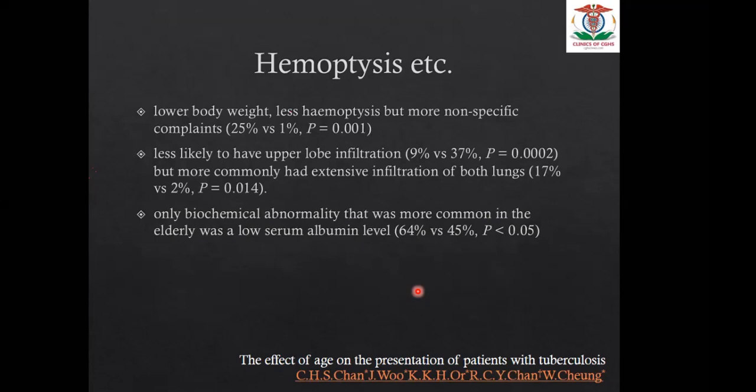There are so many cases, like for example lower lobe disease, which has the upper segment, they may present as though it is a middle lobe lesion, and we may not be able to suspect TB. And the most common abnormality seen in biochemistry is the albumin level, though other abnormalities are also seen.